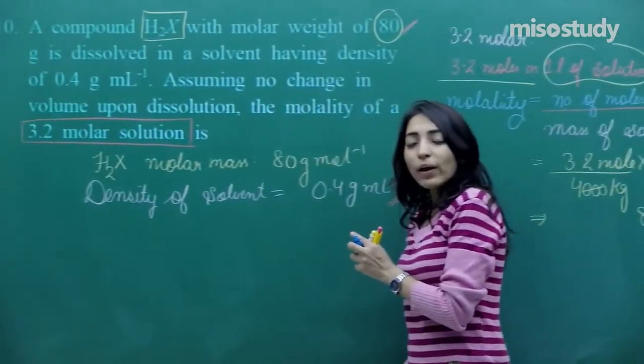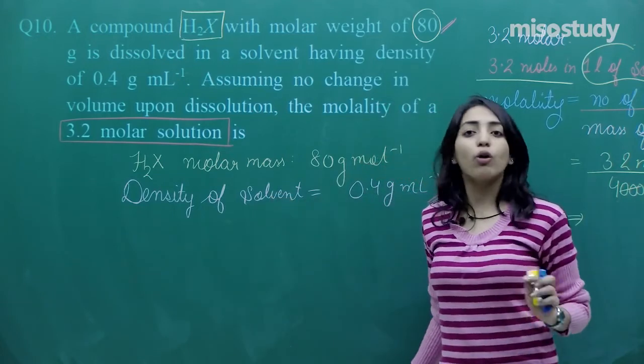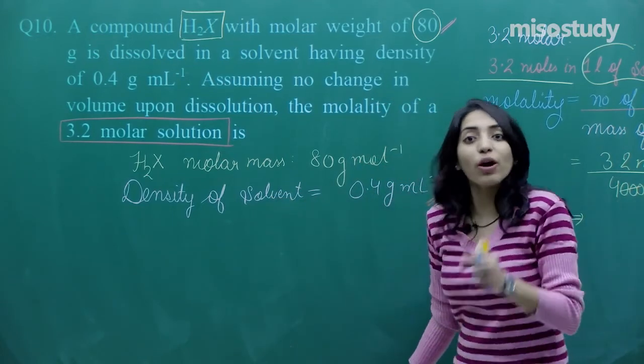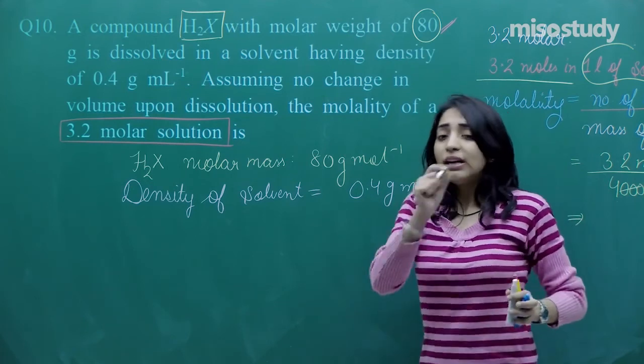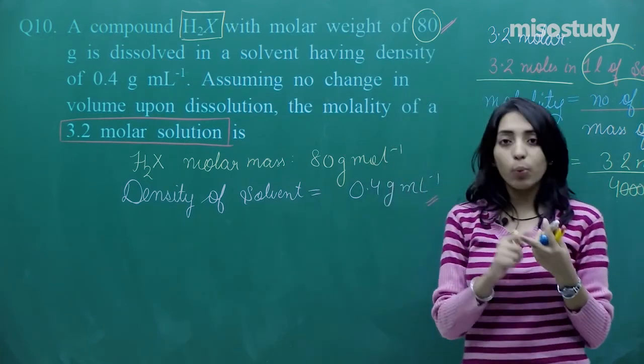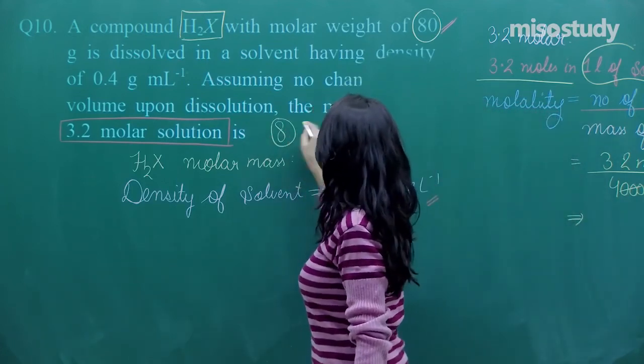When I was reading the question, I didn't mention any options. No options were given. So this was another category of question, which was an integer type question. You need to mark an integer from 1 to 9, and thus the answer will be 8.